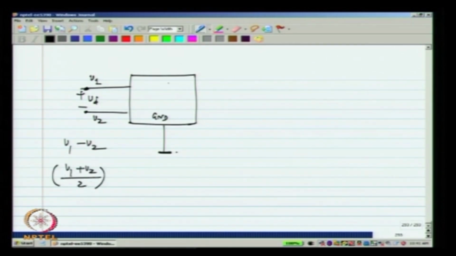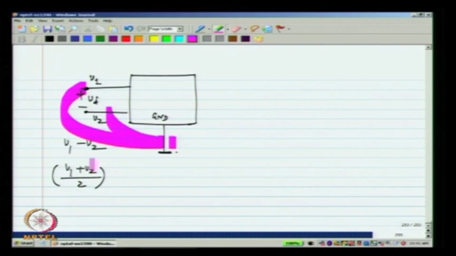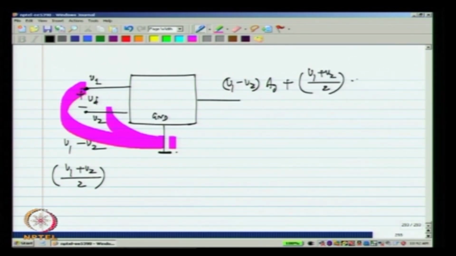As we have discussed earlier, we can think of the voltages V1 and V2 individually or as the difference and common mode voltages. Because it always responds to the two individual voltages V1 and V2, we cannot always guarantee that the output response will be of the form V1 minus V2 times something. So, usually it will be V1 minus V2 times the differential gain plus V1 plus V2 by 2 times some common mode gain.